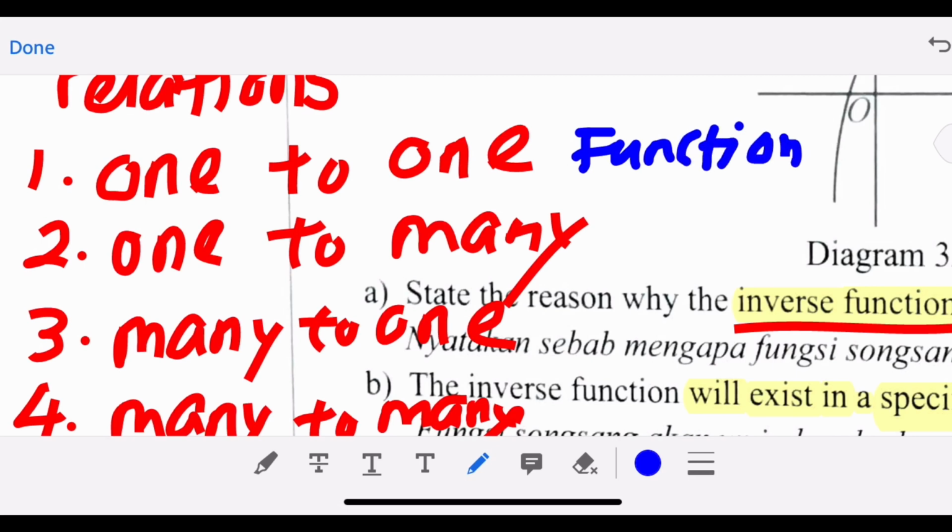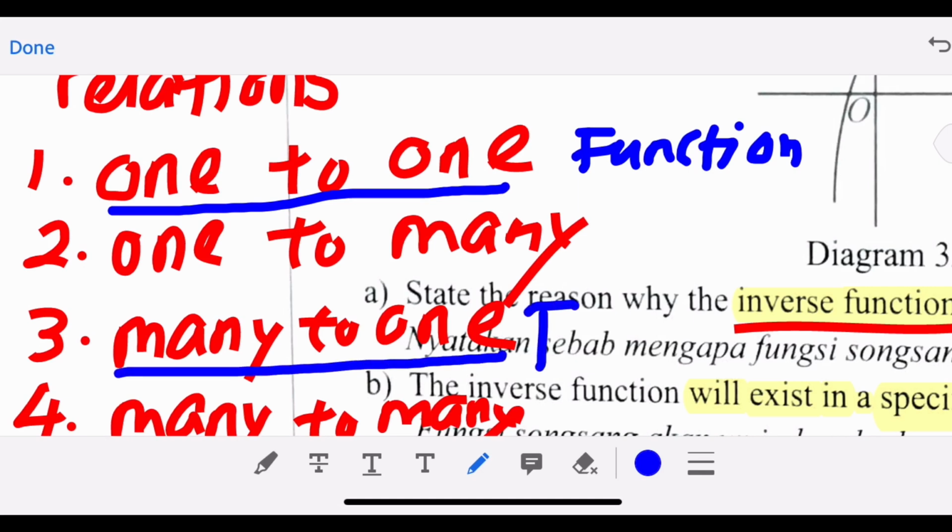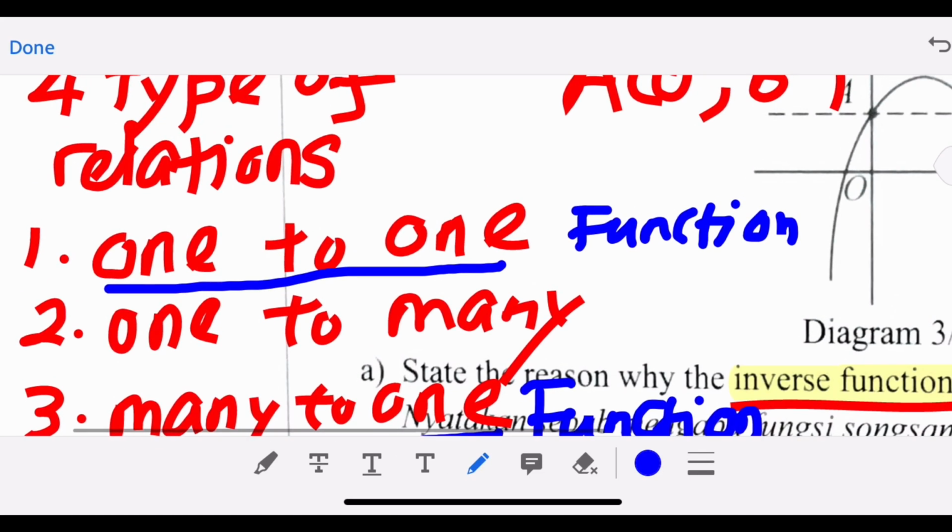In order to classify which one is a function, the one-to-one relation and many-to-one relation are functions, because according to function, you must know that one object must have only one image.